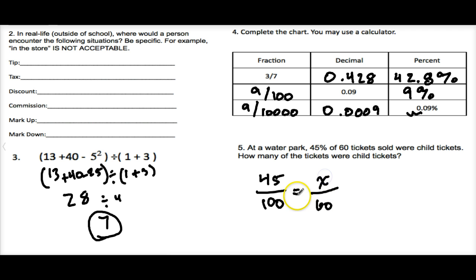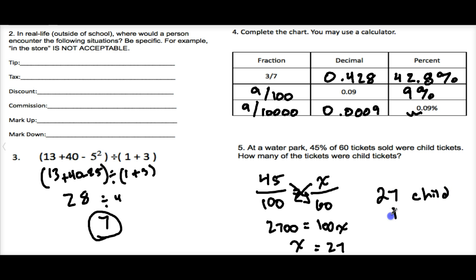And we're looking for X. So once we cross multiply, we get 2,700 over 100 X. And so then X is going to equal 27. So our real life answer would be 27 child tickets sold. And I'm just going to write this here so I don't forget.